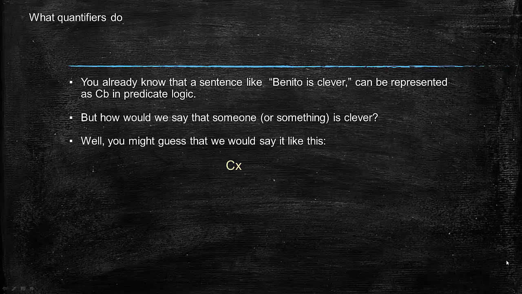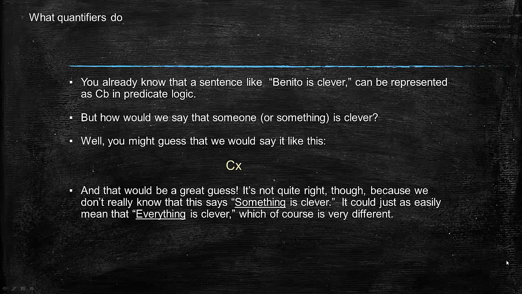Well, you might guess that it would be something like this. Capital C, x. We've introduced this idea of a variable, so why wouldn't it just be x is clever? That sounds like what it would mean to say something is clever, and that's actually not right, but it's thinking right.